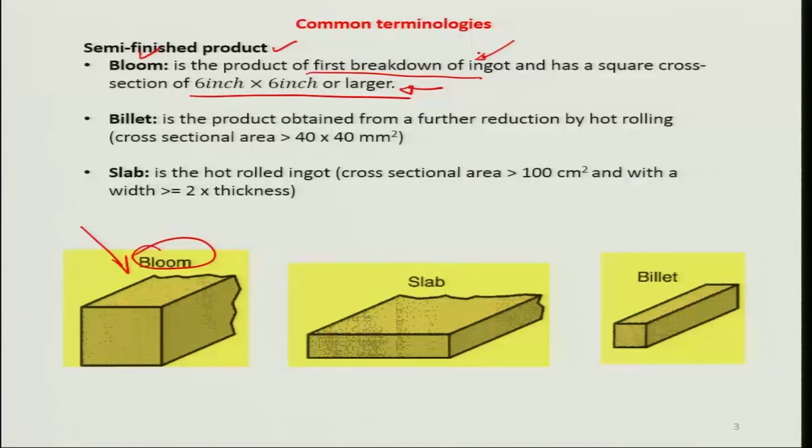Also, if I were to further reduce the bloom into a billet through a hot rolling process, you could typically have areas ranging from 6 inches, which is close to 150 millimeters, all the way to 1/4 of that value, so 40 by 40 mm sections.